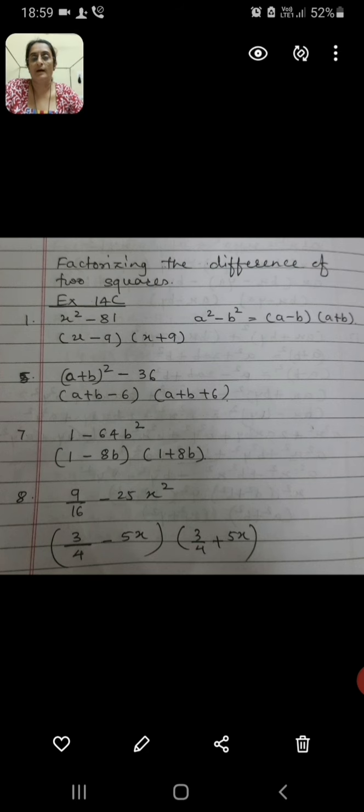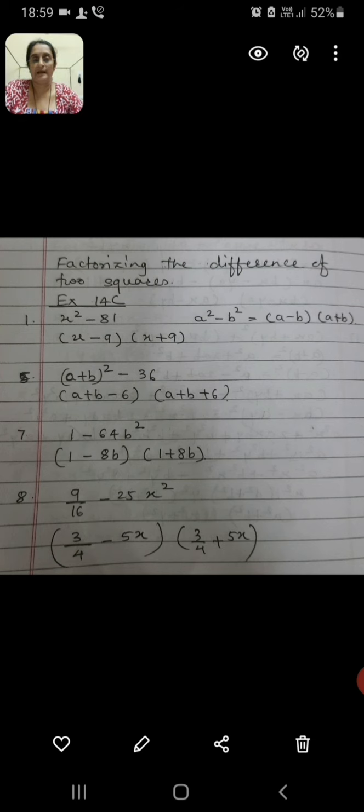Next is 1 minus 64b square. Now again here 1 we are going to take as a square, 64b square we are going to take as b square. Now a's root, 1's root is 1 only, 64's root is 8, b square's root is b. So once it is positive, once it is negative.